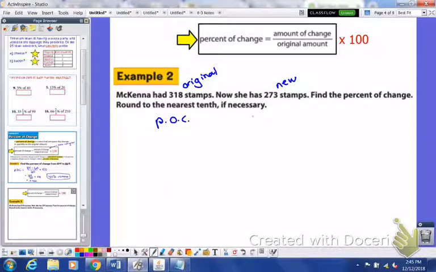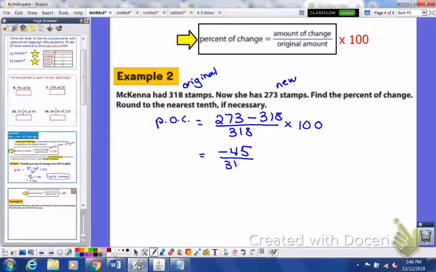Okay, so if we did our new number, 273 minus our original of 318, divided by the original amount, and that whole thing times 100. So 273 minus 318 gives us negative 45 over 318 times 100.